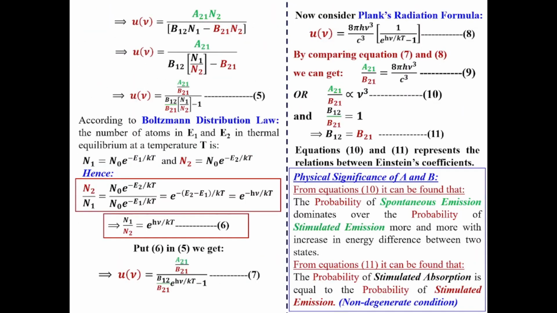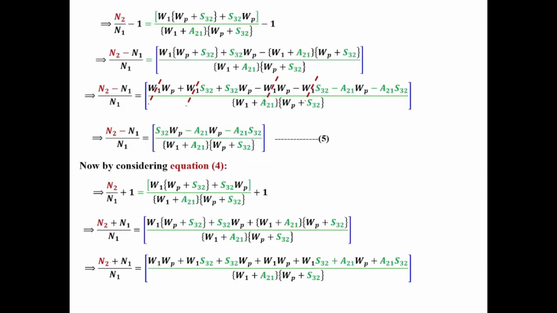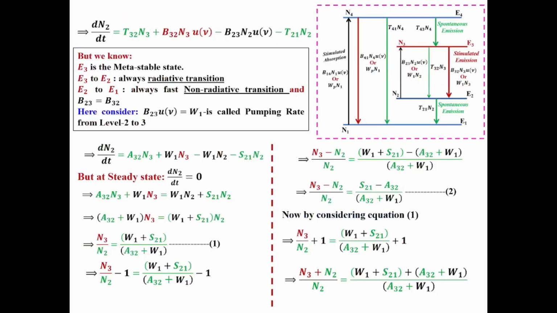In a particular energy level, the number density will be equal to N0, that is your total number of atoms, into e to the power minus E1 by kT. E1 represents the energy of that particular level. So the same expression we are going to use here.